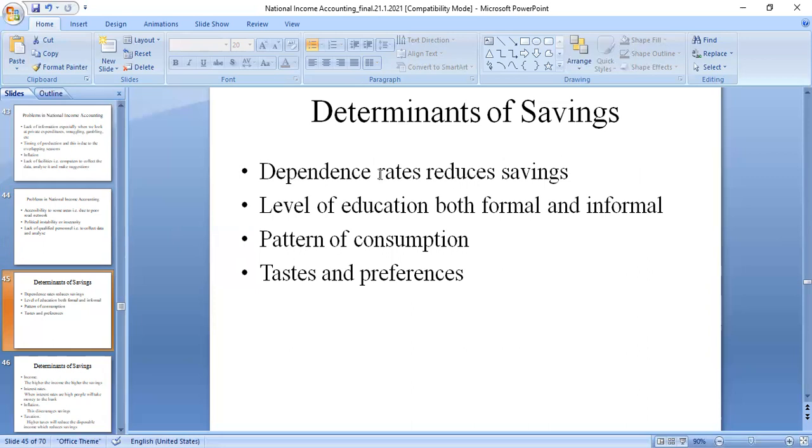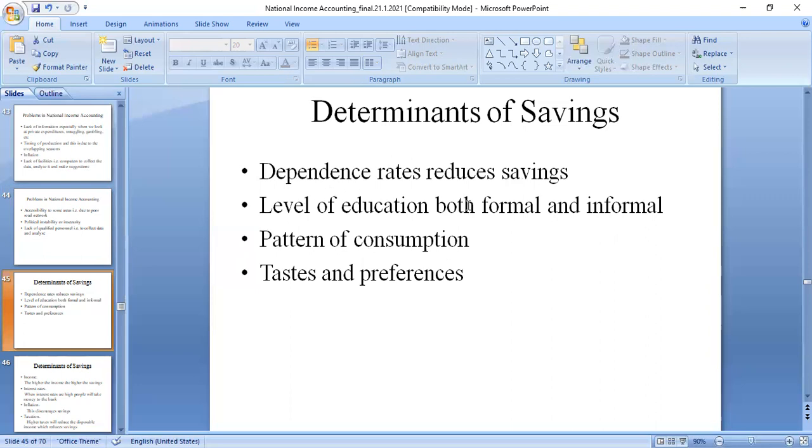There are many dependents, orphans that you're looking after. At the end of the day, the spending will be a lot, and the saving will also be less. So when you don't have many dependents, your expenditure will be low, and therefore your savings rate higher.